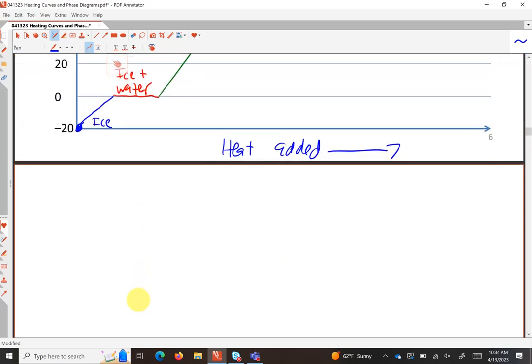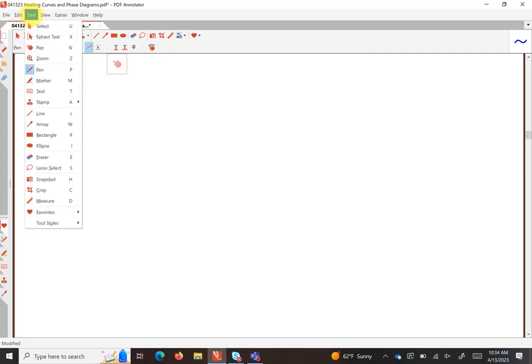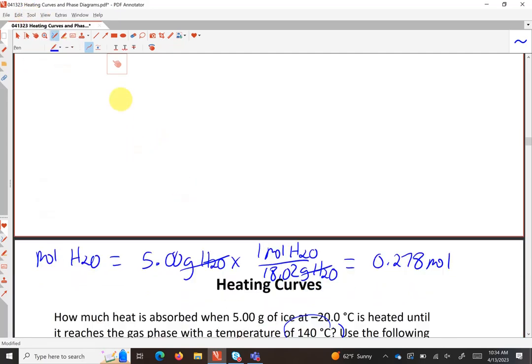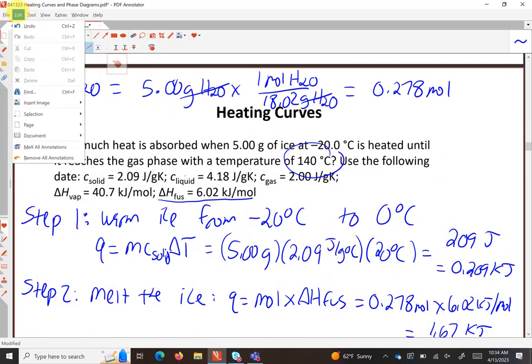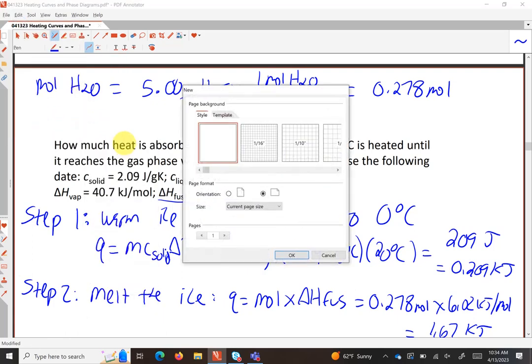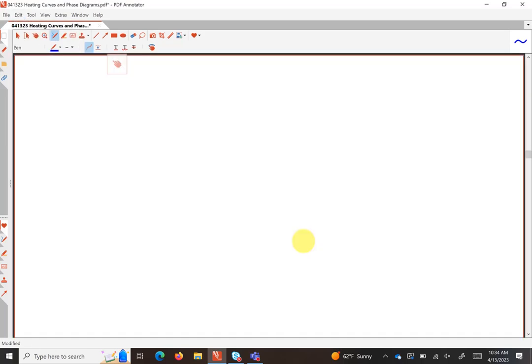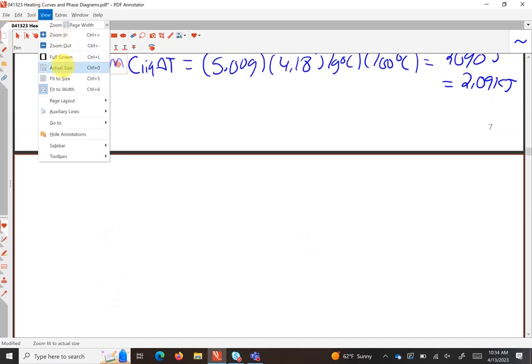Oh, I put it before. Shoot. One of these days I'll learn how to use this program. Right. Edit, page, append. I guess that's after. Okay, so that gives us more room to work. Sorry about that. I should have made the notes a little bit better.